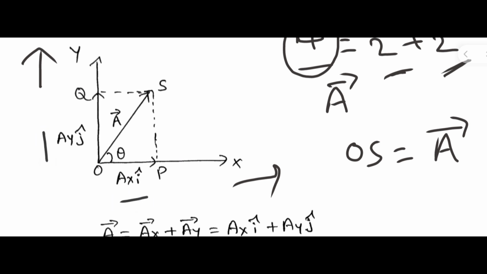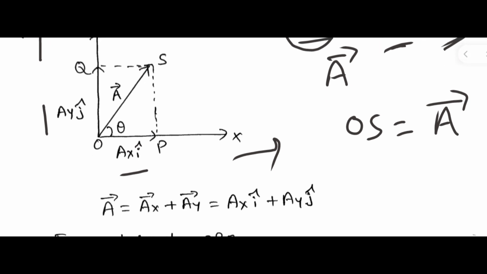Along x we have the term Ax i cap, where Ax is the magnitude of A along the x axis and i cap is the unit vector along the x axis. Magnitude together with the unit vector gives the whole x component.